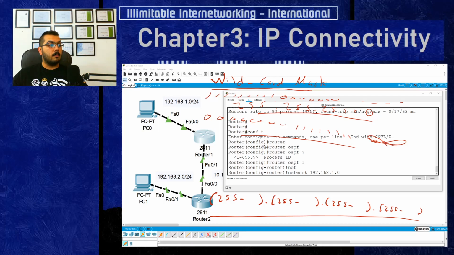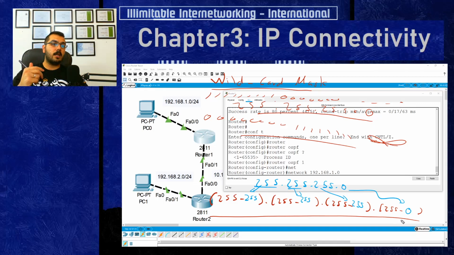My subnet mask for /24 is 255.255.255.0. This one I will place in here, the second one in here, the third one in here, and the fourth one in here. The result of this formula is my wildcard mask for a network that has /24.